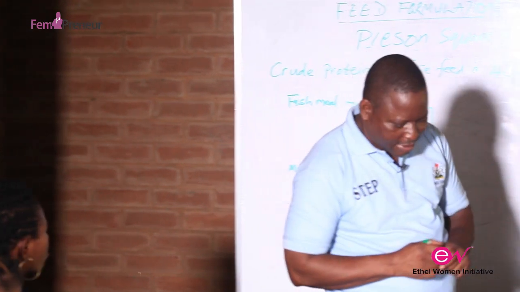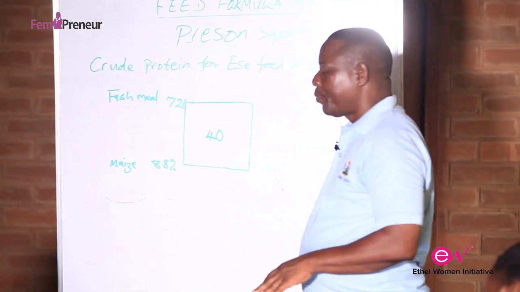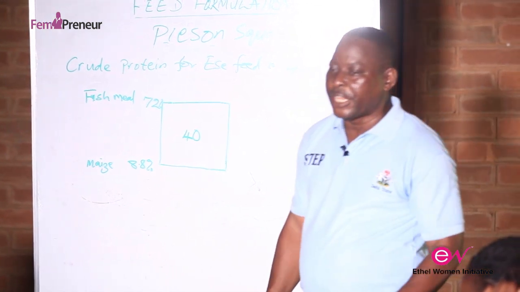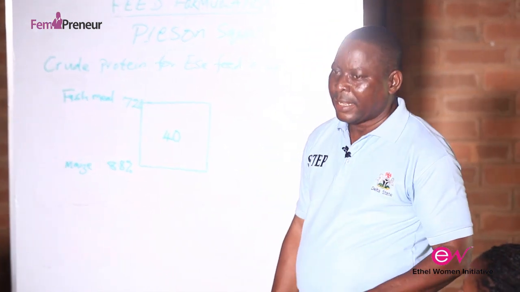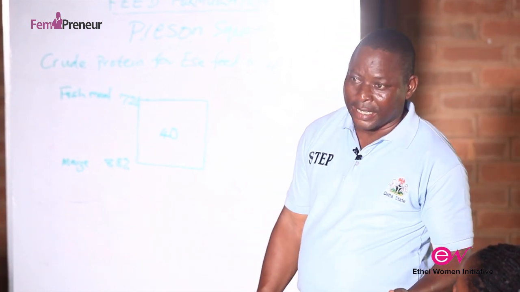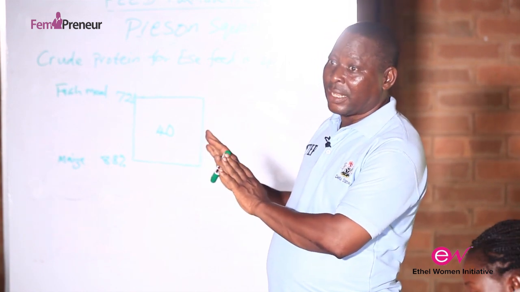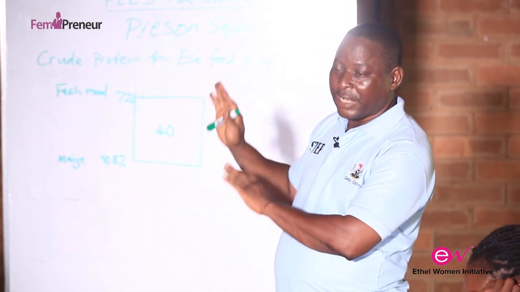You know, I told you that a consideration of the crude protein is the key thing, and the other one is the carbohydrate, which is the source of energy. We are going to go into that when we go to the other part of the discussion, the calculation of this.